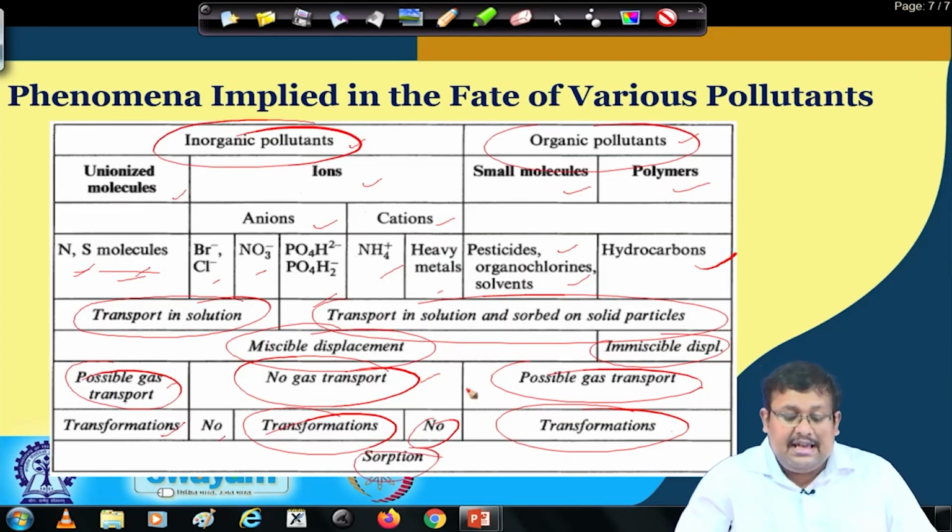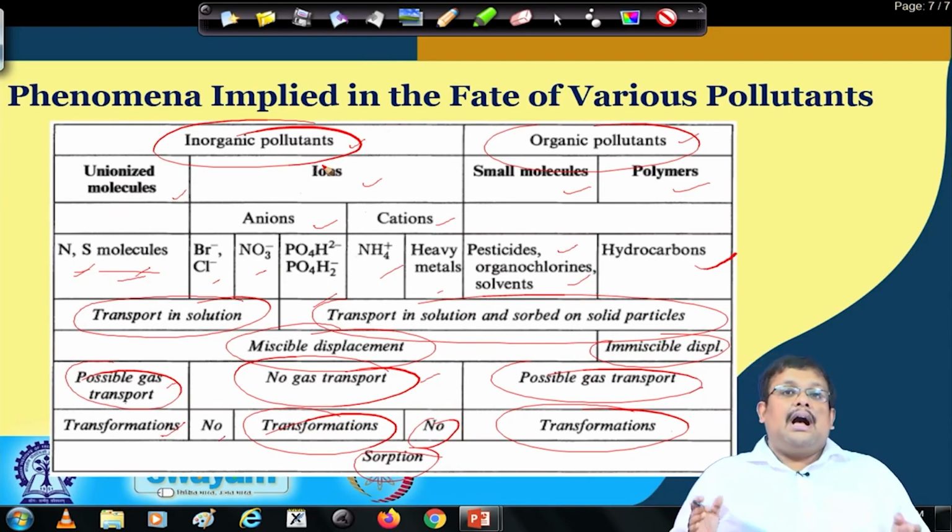So, you can see that this chart gives us a good classification of different phenomena which are involved in the fate of various pollutants. Again, if you start with inorganic pollutants, they are categorized into unionized molecules as well as ions, and organic pollutants are classified into small molecules and polymers.